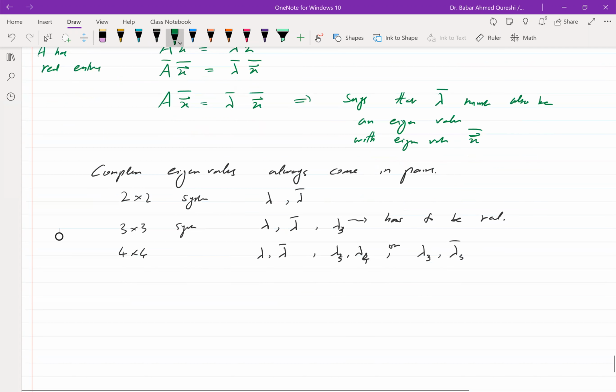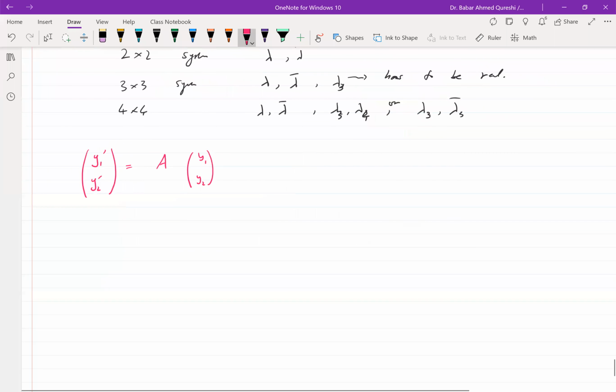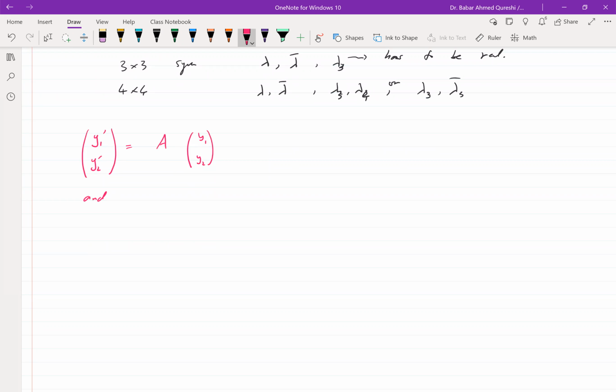So for simplicity, let's start with a 2 by 2 system. You are given again this system of linear differential equations, and you find a complex eigenvalue lambda. Let's write it as a plus iota b.